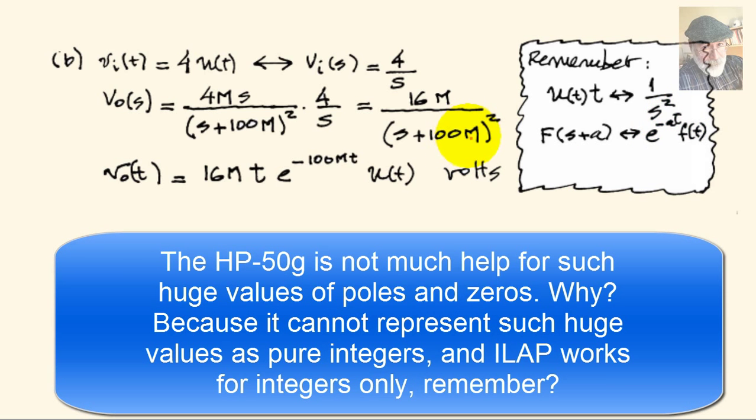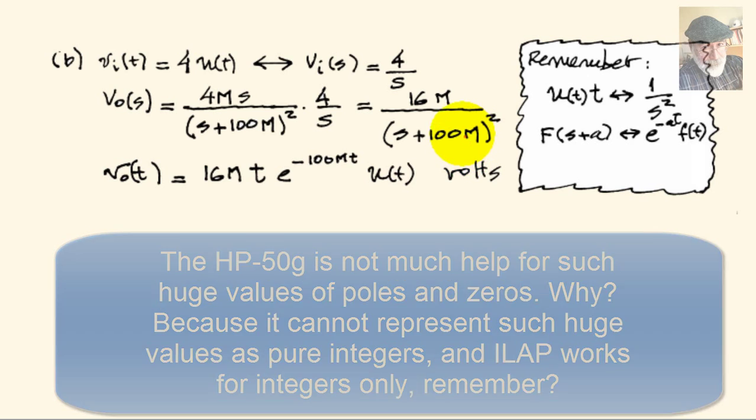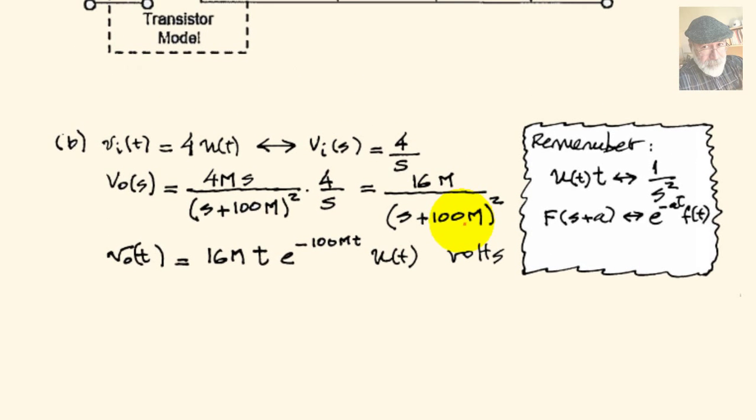So the function of time is shifted by this amount, and its anti-transform is multiplied by e to the negative 100 million t. But 1 over s squared is the transform of the ramp. So this is a ramp multiplied by an exponential: 16 million t times e to the negative 100 million t, multiplied by the unit step of t.